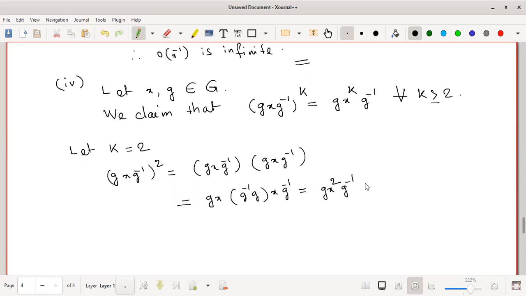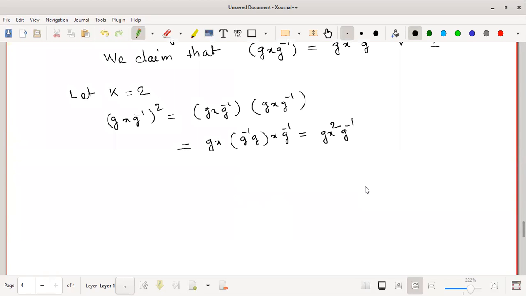So we are done if k equals 2. Now let the result be true for k, and we will prove it for k plus 1.